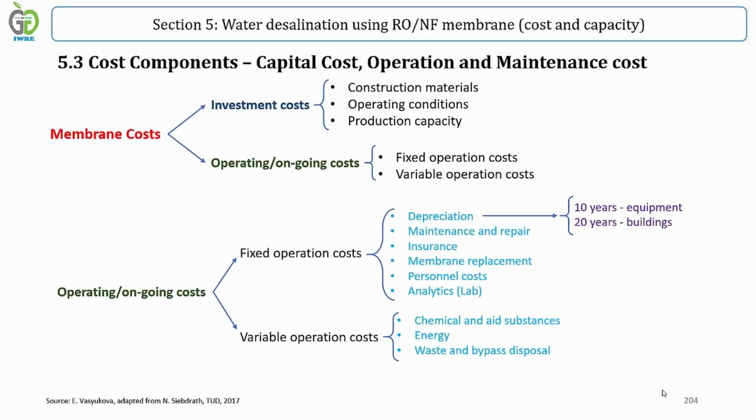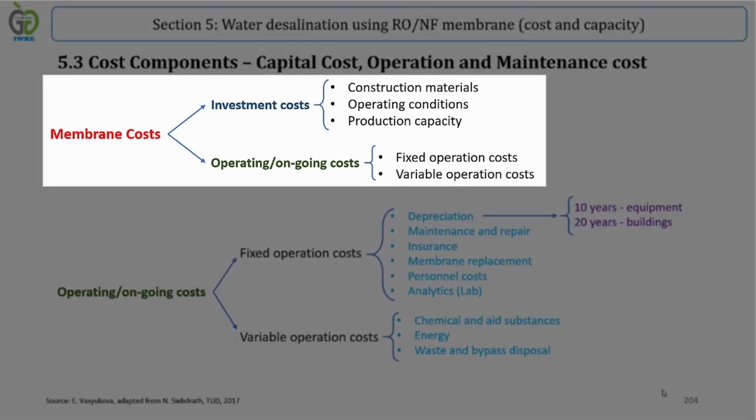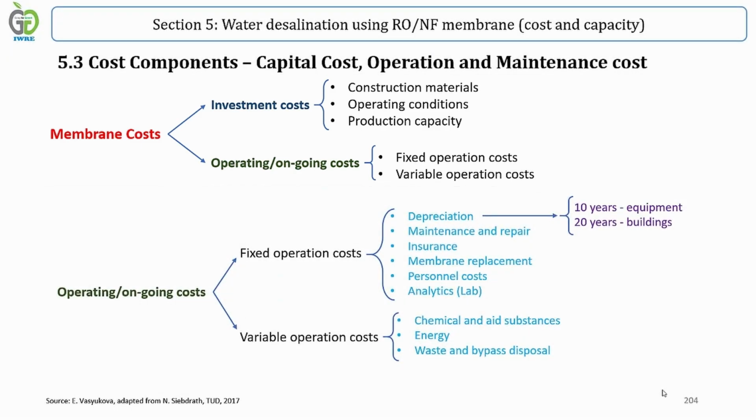Cost components: capital cost, operation and maintenance cost. Membrane costs include investment cost and operating or ongoing cost. Investment costs depend on factors such as construction material, operating conditions, and production capacity. Operating or ongoing cost is subdivided into two major categories: fixed operation cost and variable operation cost.